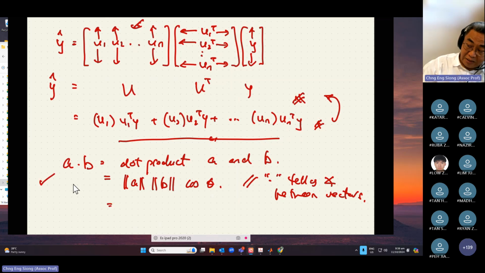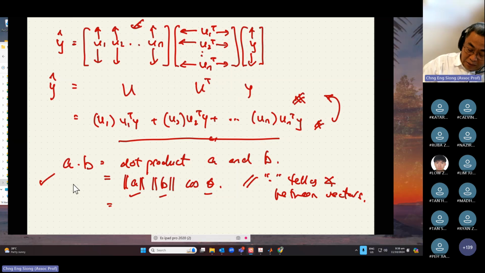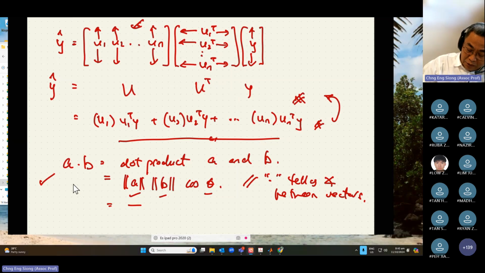If you have the norms and you have the angle, you can find A dot B. It can be calculated like summation. No, let's forget about summation first. Let's assume that A belongs to Rn, B also belongs to Rn. Then it's A1 B1 plus A2 B2 plus AN BN.